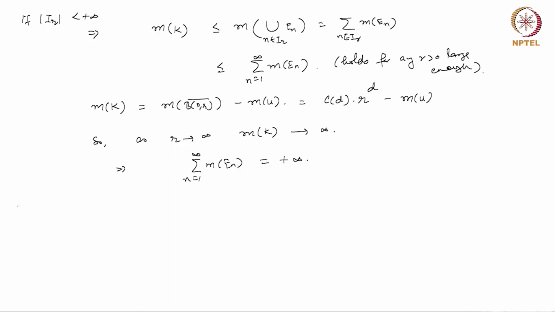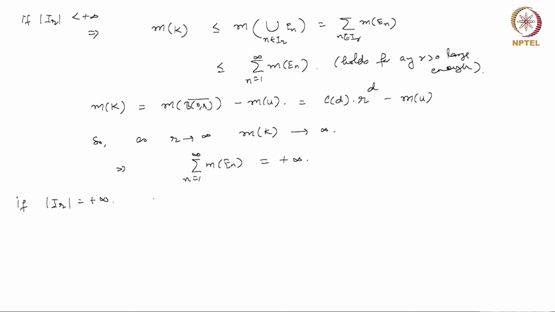But it could happen that even with the intersection of a small, bounded Euclidean ball, there could be infinitely many elementary sets inside this collection En that intersect this ball, so that the cardinality of IR may be plus infinity.